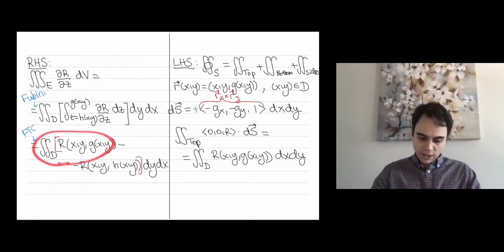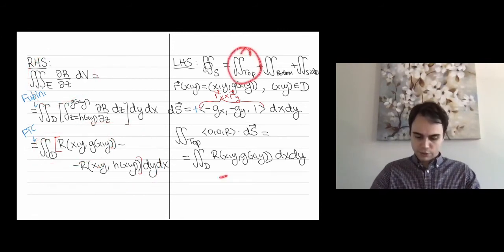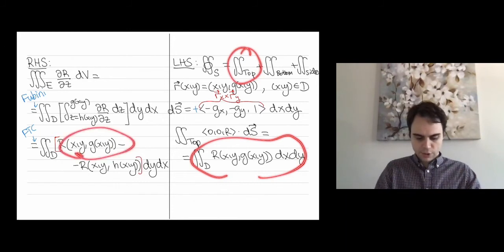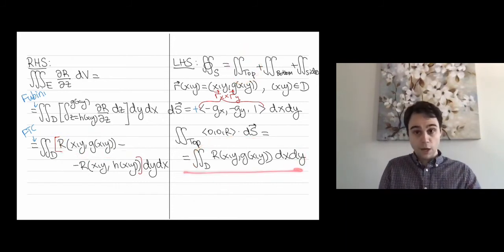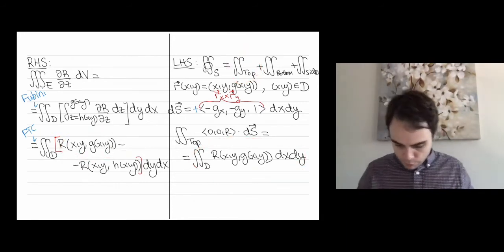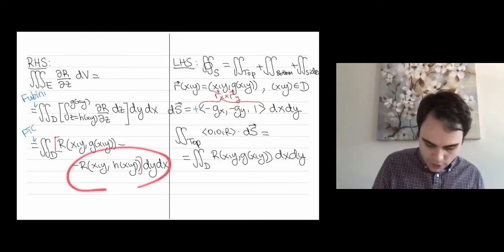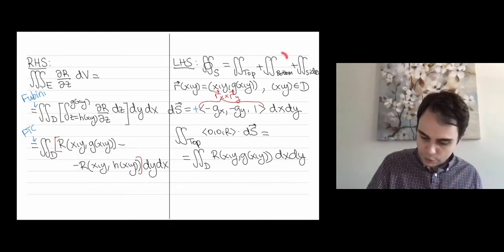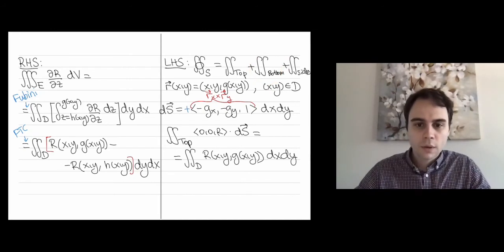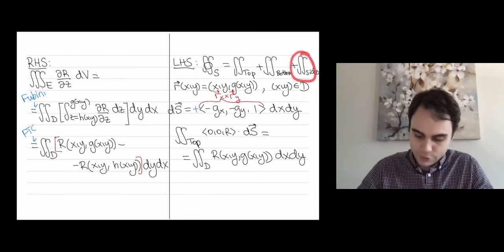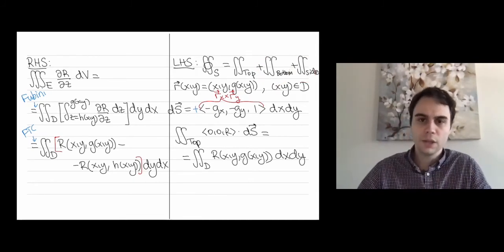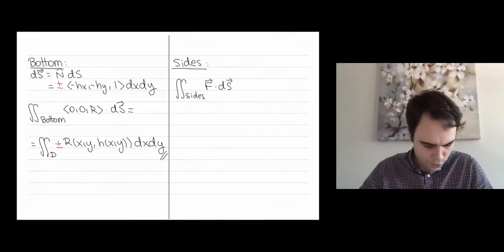The first thing is the double integral over the top. The integral of this is the double integral over the top. So it's looking good. Spoiler alert, this other part here with the minus sign is the double integral over the bottom. And the double integral over the sides will turn out to be 0. Let's take a quick look why that's true.